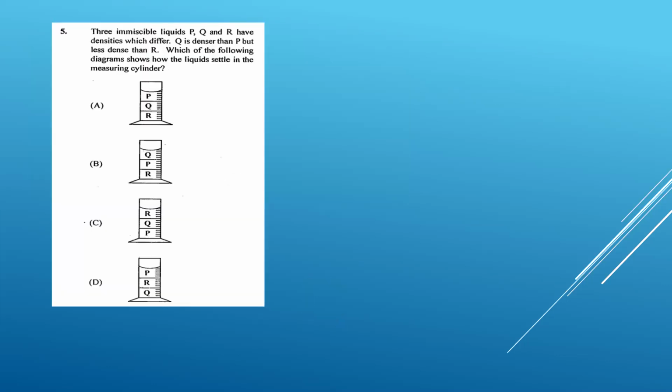Number 5, you have 3 immiscible liquids, P, Q, and R, and their densities are all different. If Q is denser than P, but less dense than R, each of the following diagrams shows how the liquids settle in the measuring cylinder. Denser liquids will fall to the bottom, while the less dense ones will float.